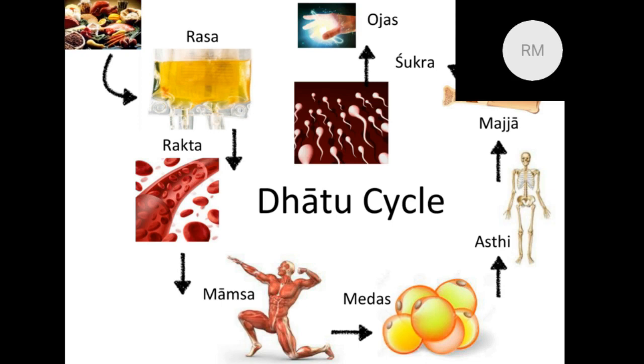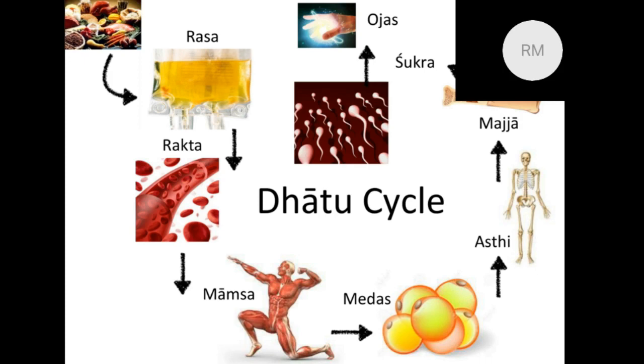When it comes to Majja, we usually correlate Majja as marrow. But Majja also represents the fat that is filled inside the bones, which means even the brain and spinal cord we must consider as specializations of Majja in Ayurveda.